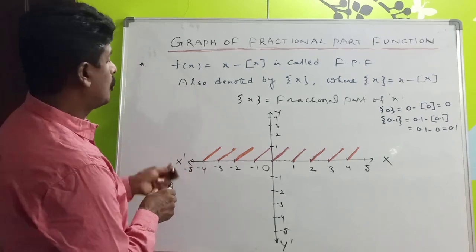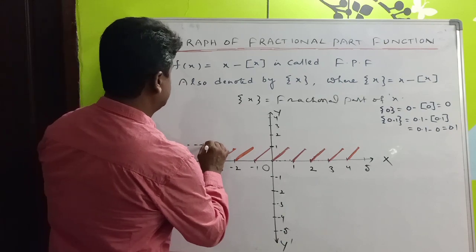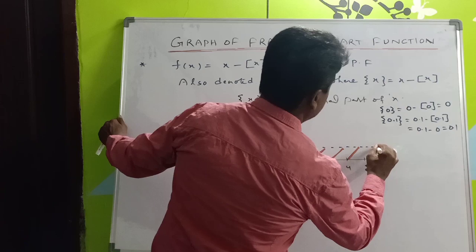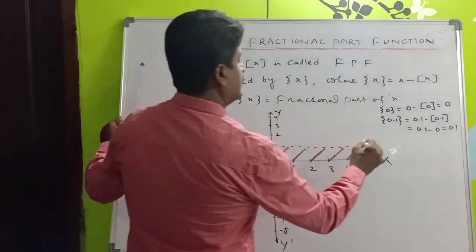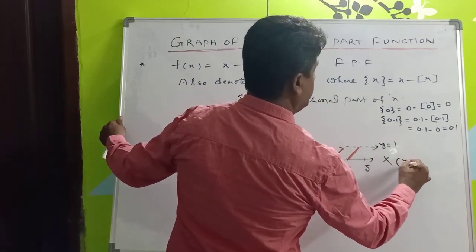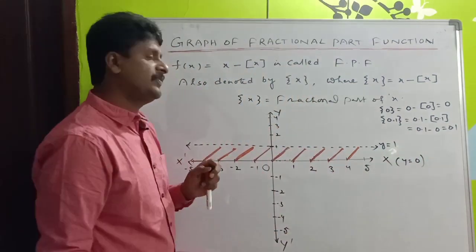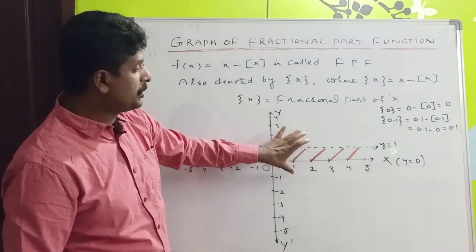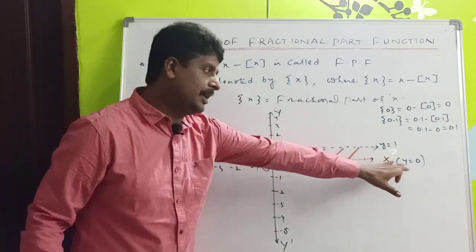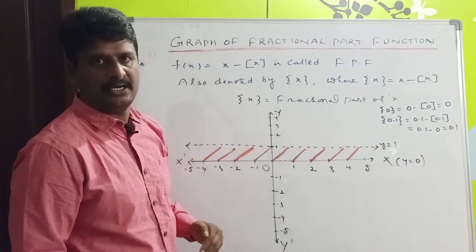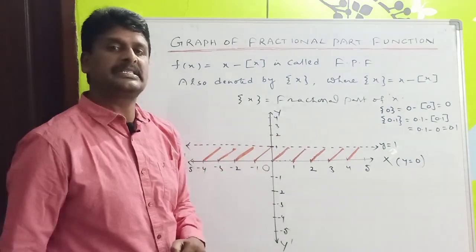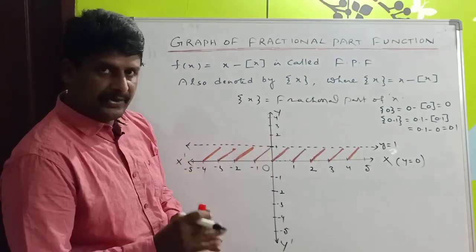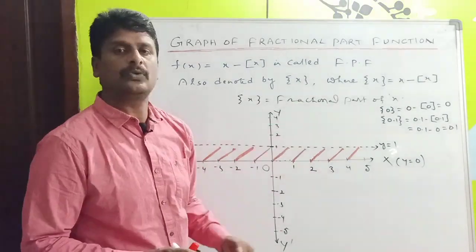Observe that the graph always lies between the line y = 1 and the x-axis, which is y = 0. So there are only two boundaries for the graph, y = 0 and y = 1. The graph reaches a maximum value of 1 only, so it never crosses the line y = 1.